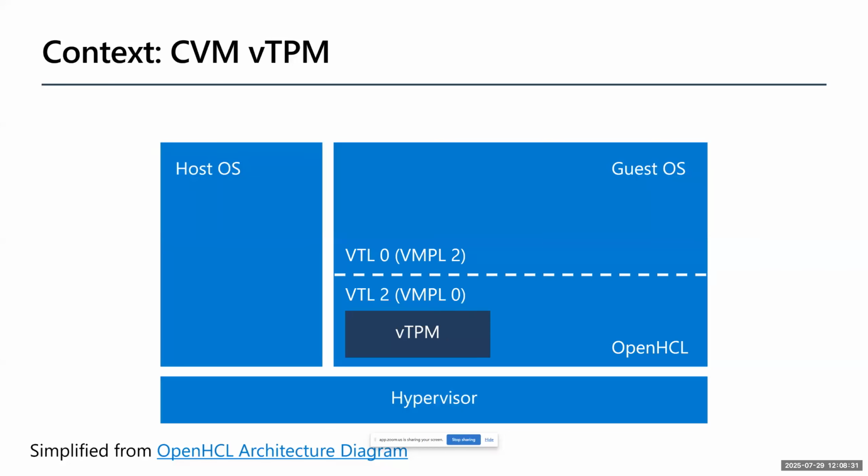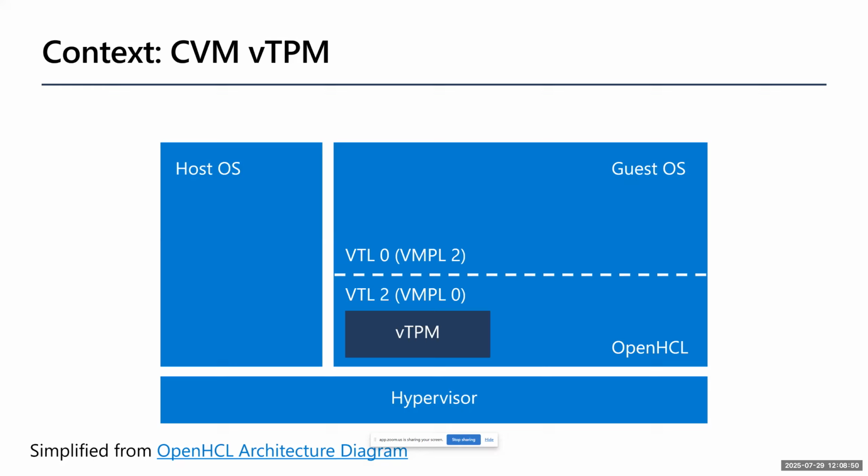This is directly analogous to VMPL in SEV-SNP or TDX partitioning for TDX. In fact, for confidential VMs, VTLs are implemented using VMPL. So you're actually getting different VMPLs in this case, or different TDX partitions.